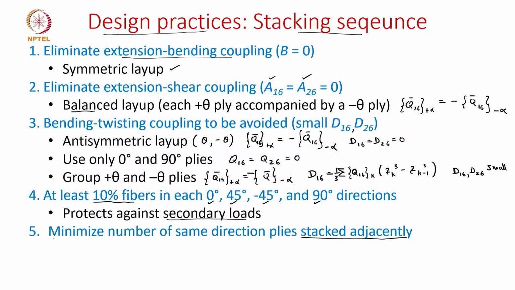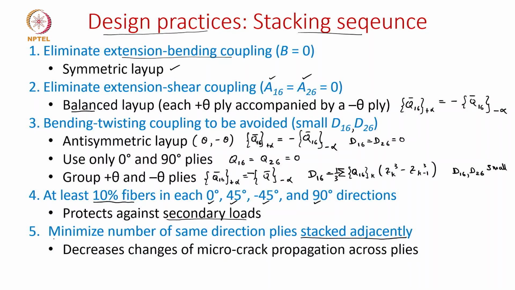And the reason is, again, to relate it with the crack propagation. I think earlier we have discussed, if not, it decreases the chance of micro crack propagation across the plies. So let's say there are two layers.